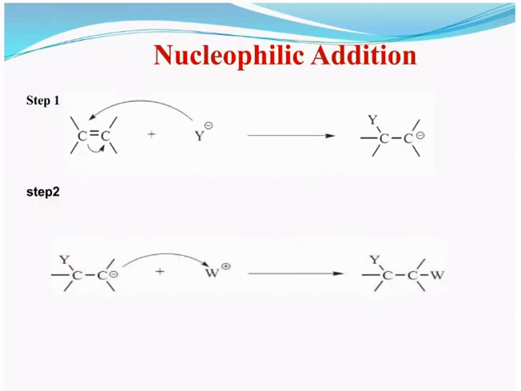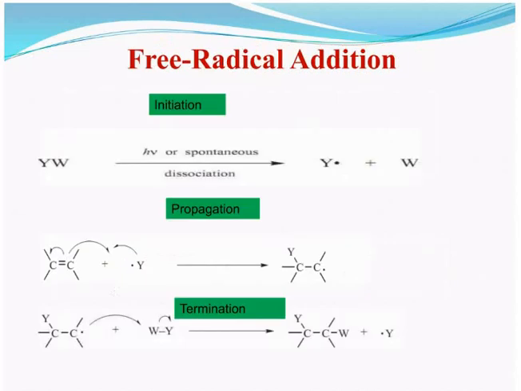Now nucleophilic additions, you can see starting with the Y minus. Now free radical additions: YW breaking into Y radicals and W radicals. Y radical initiates the reactions and then you can see the termination.